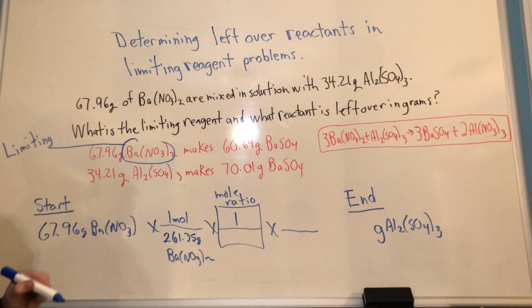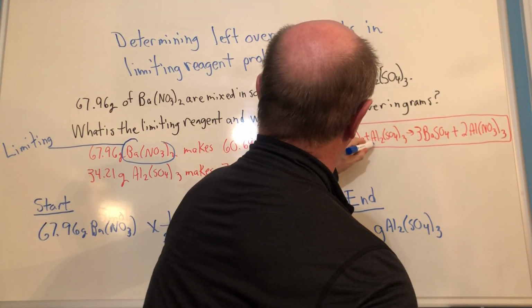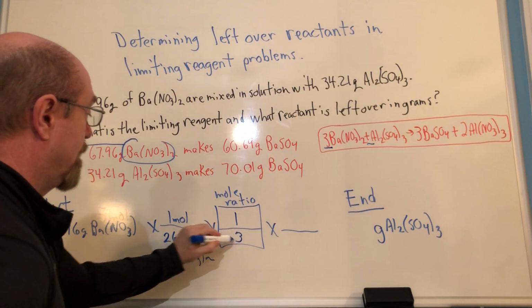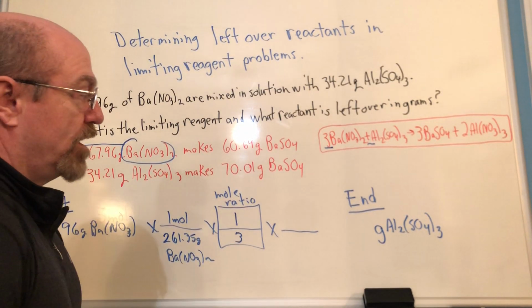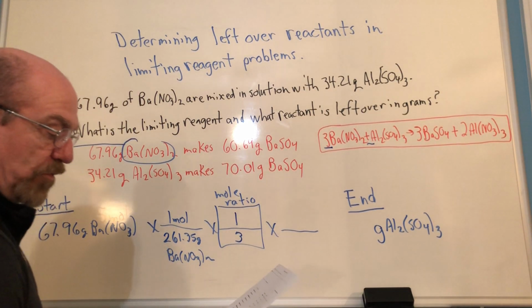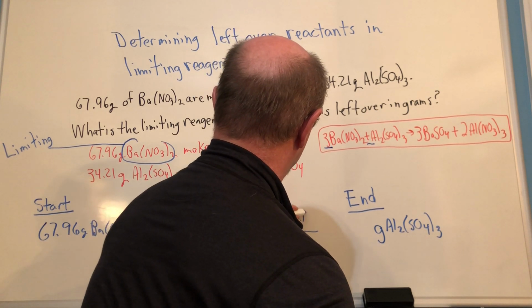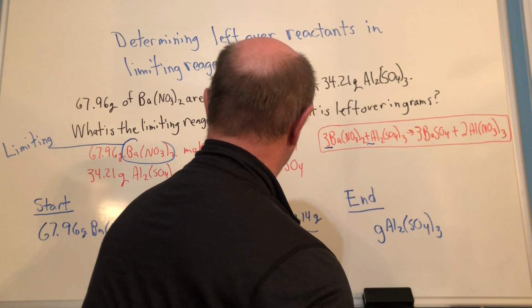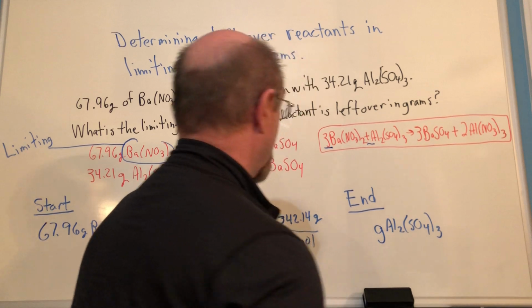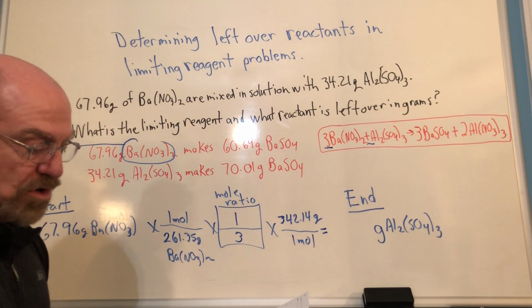We're coming from barium nitrate from the balanced equation, and it's got a value of 3. And now finally we're going to grams of aluminum sulfate, so we have to use the molar mass of that, which is 342.14 per mole.